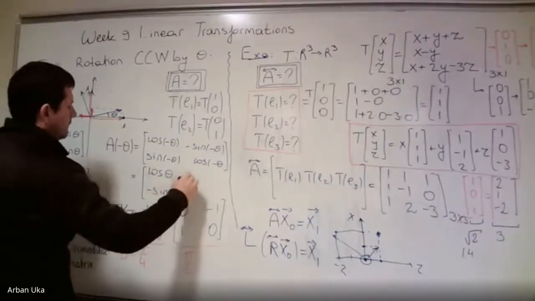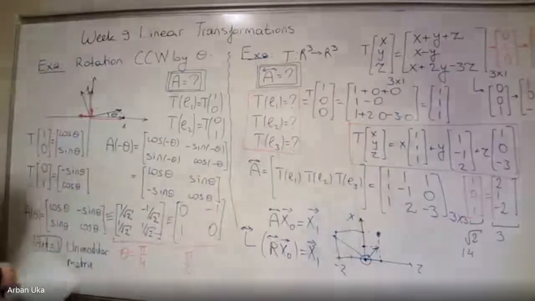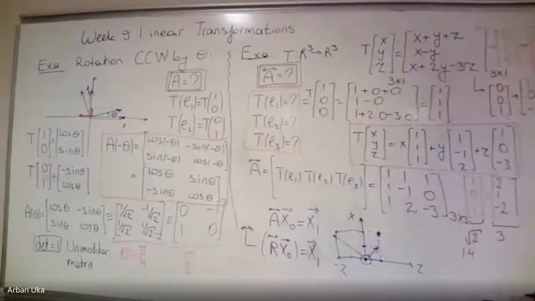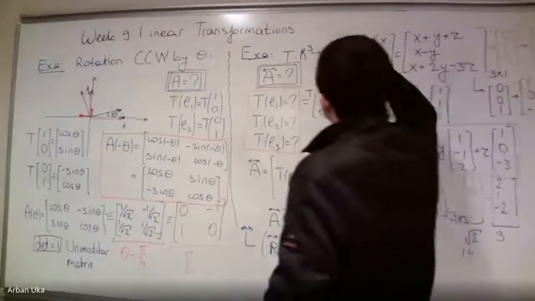Cosine doesn't change, but the sine becomes minus. Okay. Plus sine theta and cosine theta. This is correct. So this matrix is the inverse of the first matrix, I think. The transpose. Is it also a transpose? Oh, you are good. That's really good.